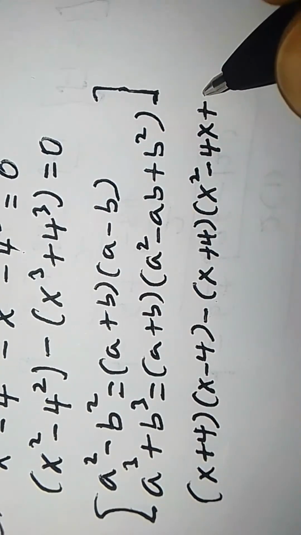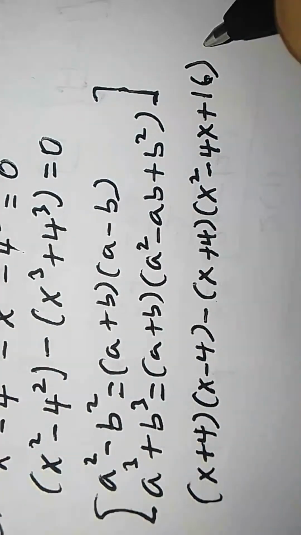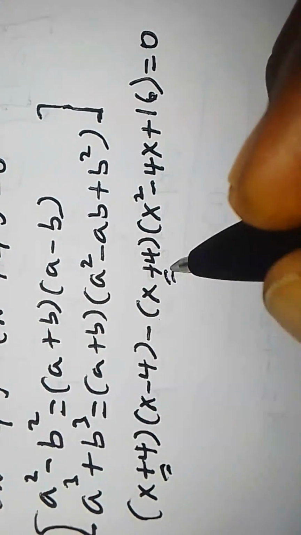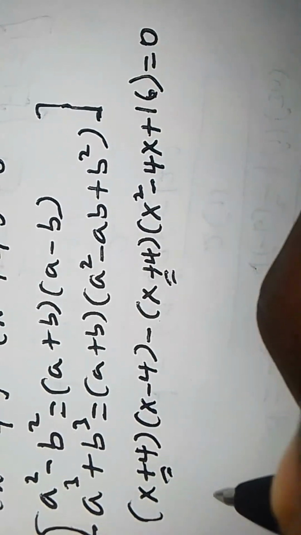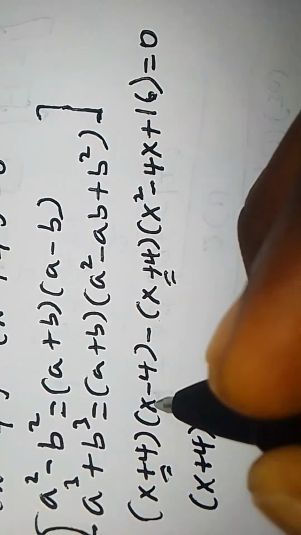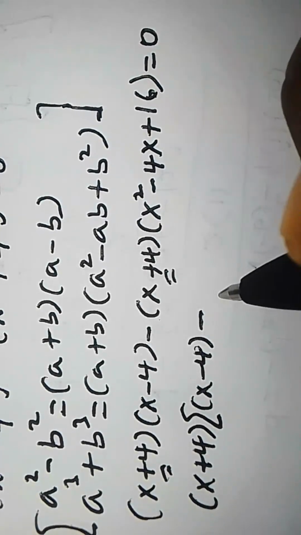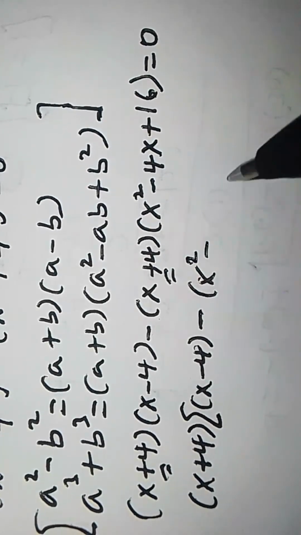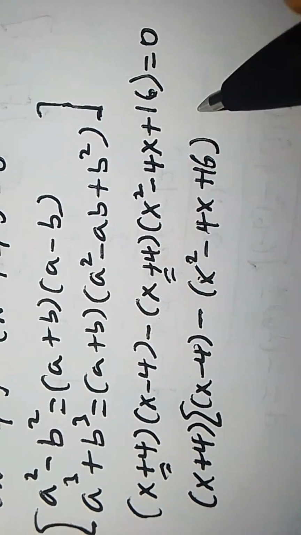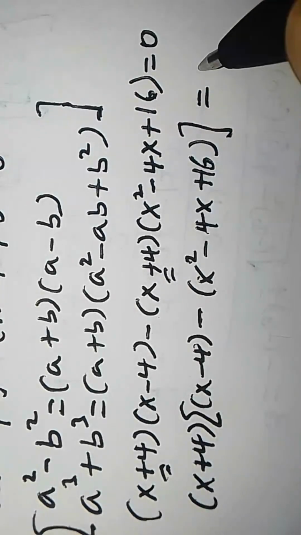Well, 4 square is what? That is 16, equal to 0. Let's continue. You will see that x plus 4 is common. We can factor it out. So that will be x plus 4 into x minus 4 minus x square minus 4x plus 16, put in square brackets, equal to 0.